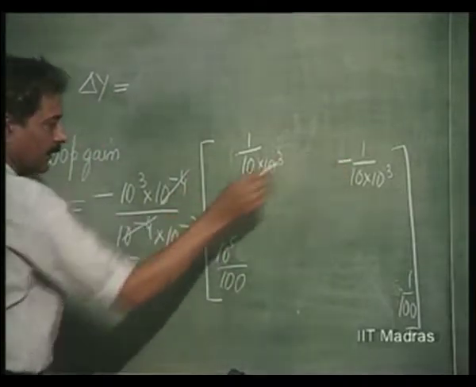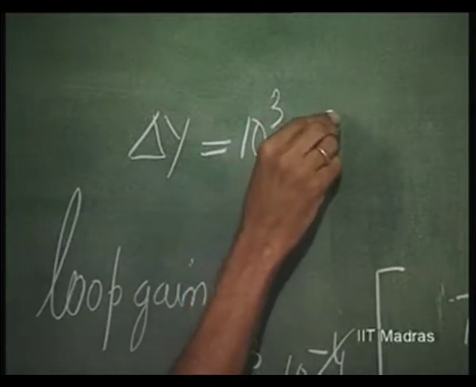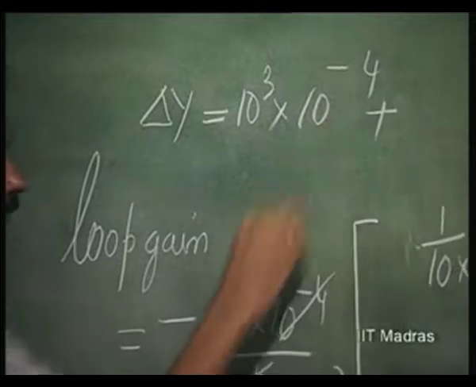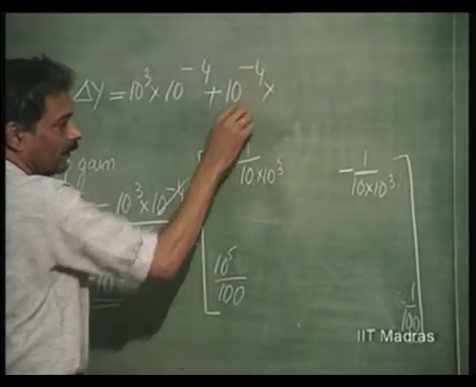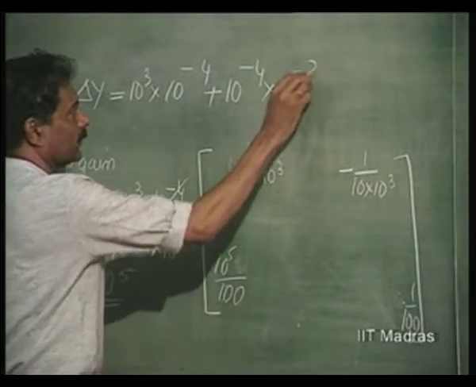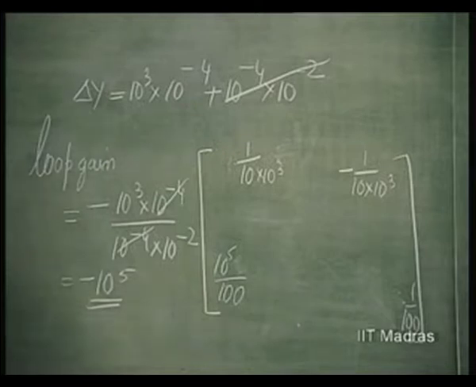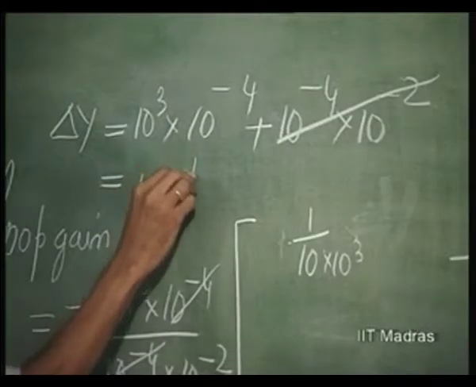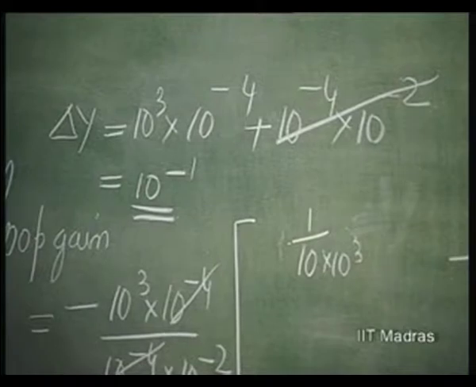So, this into this is 10 to the power 3 into 10 to the power minus 4 plus 10 to the power minus 4 into 10 to the power minus 2. This can be ignored in the delta Y, right. So, it is 10 to the power minus 1. Delta Y is 10 to the power minus 1.